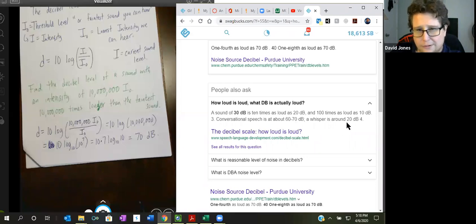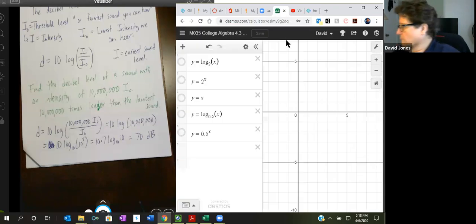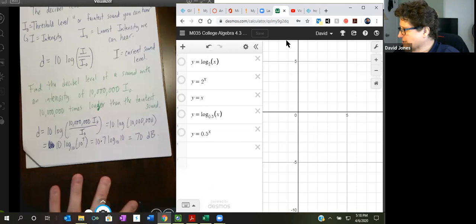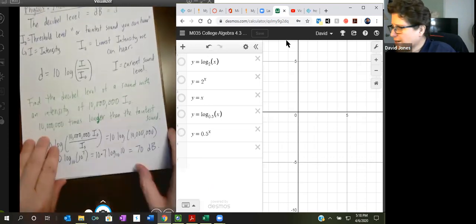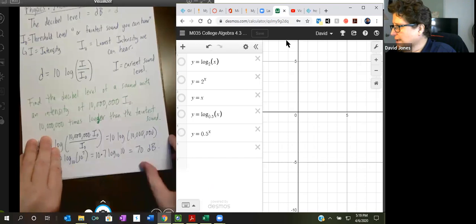A whisper is around 20 decibels. Interesting. So not really loud, normal conversation scale. They've also got another one in there.